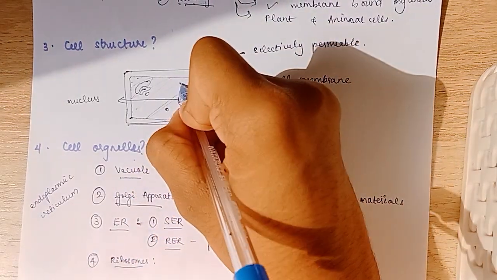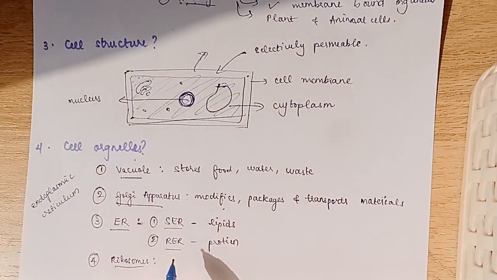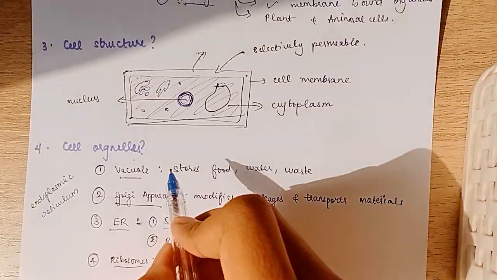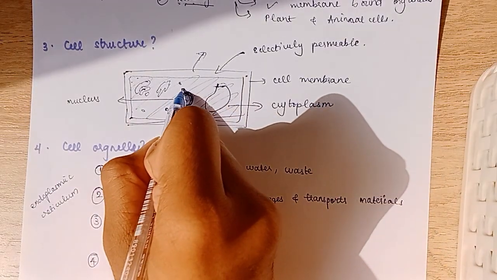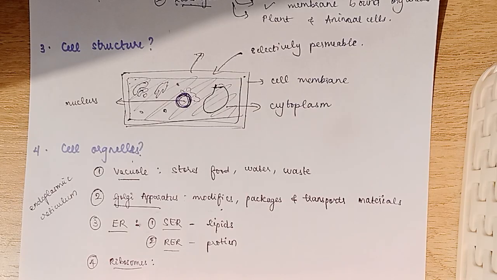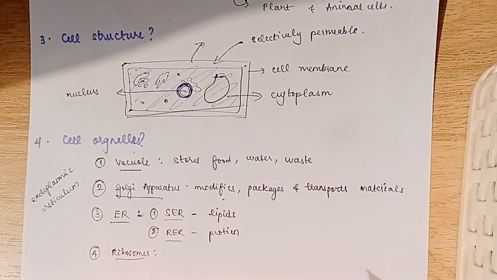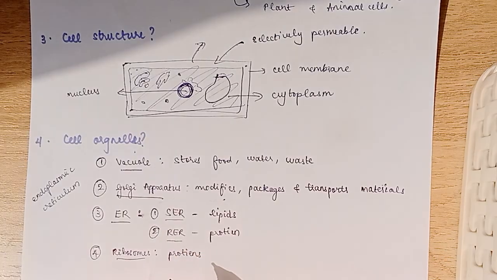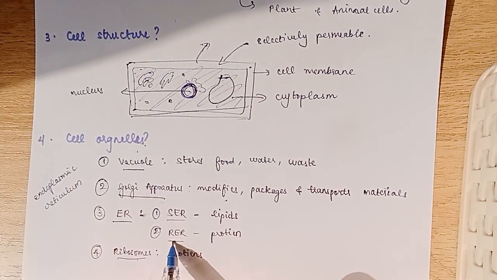Now, the next structure that you'll be finding is the ribosome. Ribosomes, we can draw ribosomes like this. And how do you draw SER and RER? SER will be outside like this, and the RER will be attached to the nucleus. Okay, so the ribosomes are protein synthesizers, or they make proteins. Now, when you look here, ribosomes and RER both synthesize proteins. What does that mean?